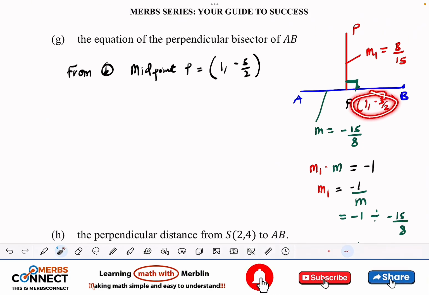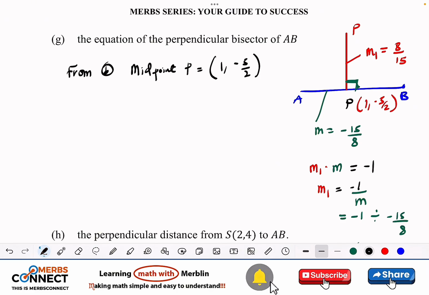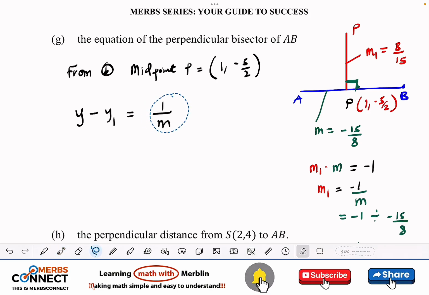So we have a point and we have the slope of the line, right? So what we need to do is, now we know the equation of the line. So now the equation of the perpendicular bisector of AB is going to be y minus y1 equals minus 1 over m, because it's perpendicular, as we had here, right?